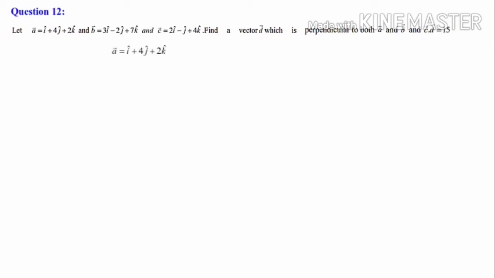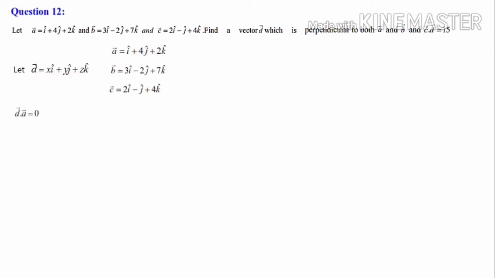Here let's write the given vectors. A is i cap plus 4j cap plus 2k cap. B is 3i cap minus 2j cap plus 7k cap and C is equal to 2i cap minus j cap plus 4k cap. Let's take the required vector D as xi cap plus yj cap plus zk cap.